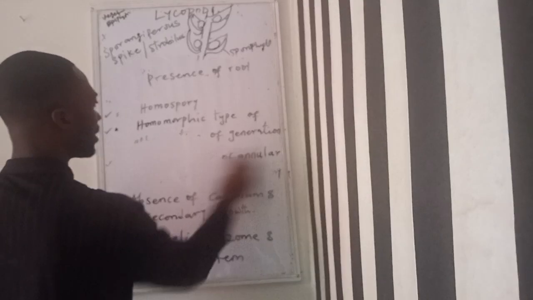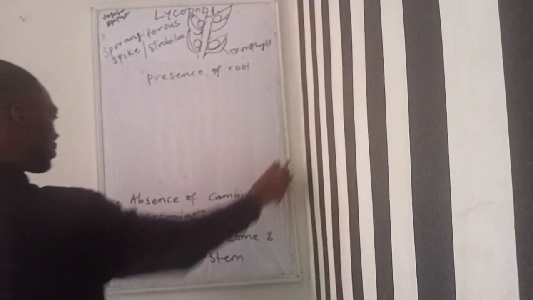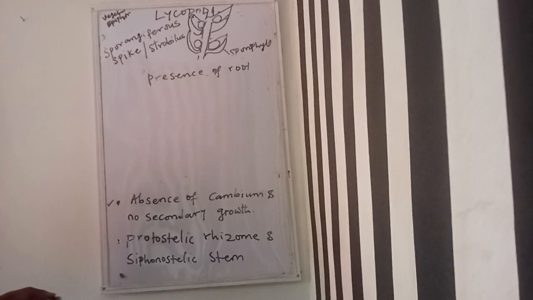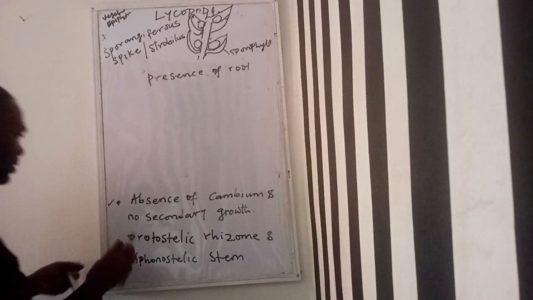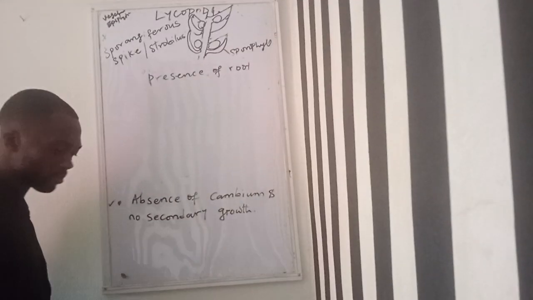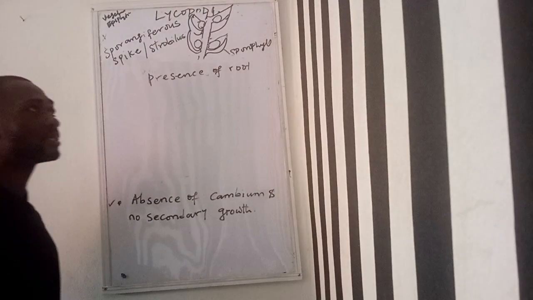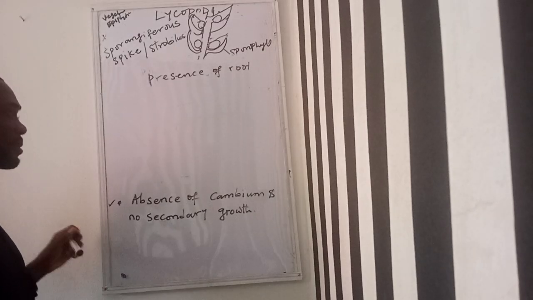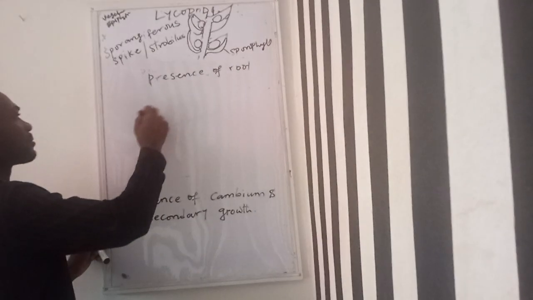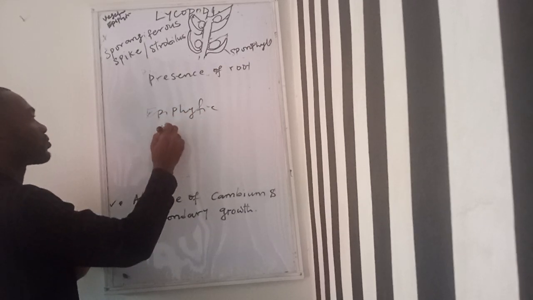So that's another characteristic of Lycopodium. Then there's an absence of cambium and no secondary growth in Lycopodium. So you can see that some of these characteristics are very similar. Another important characteristic is that some members of Lycopodium are epiphytes, or epiphytic, while some are terrestrial.